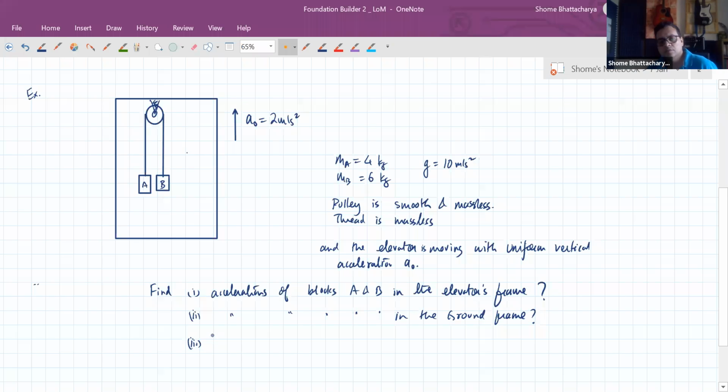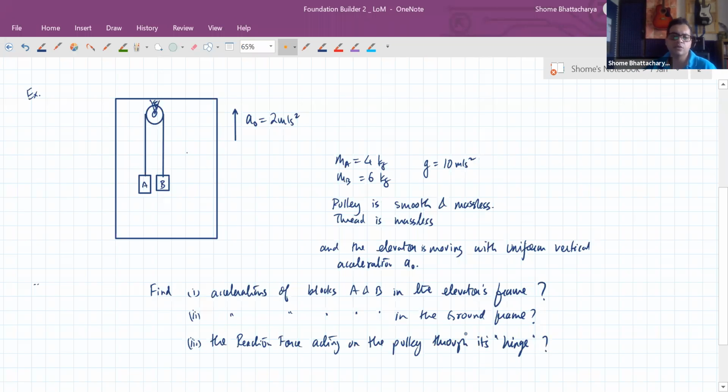You find the reaction force acting on the pulley through its hinge. So the pulley is like a disc which is hinged at its center. So between the hinge and the pulley there is some kind of reaction contact force. So we have to find that out. Okay. So just try this question out.